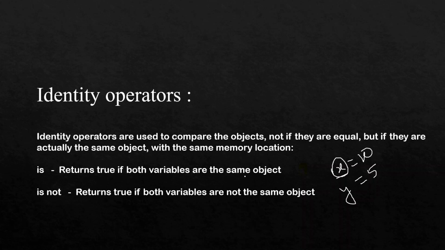So it will not return true if they are not the same object. So is will return true if both variables are the same object, and is not will return true if they are not the same object. Here if I write x is not y, it will return true, because x and y do not have the same value, and it is not the same object in the memory location. It works with the memory location actually.